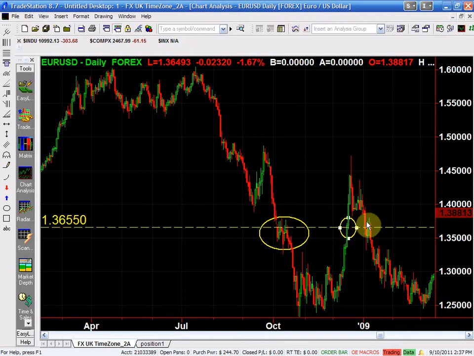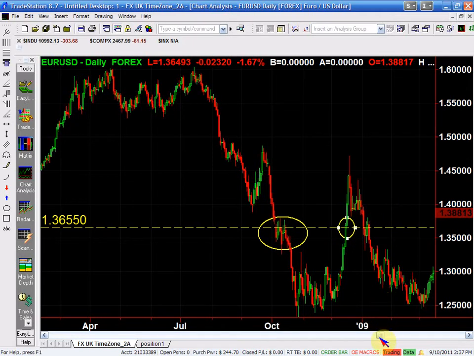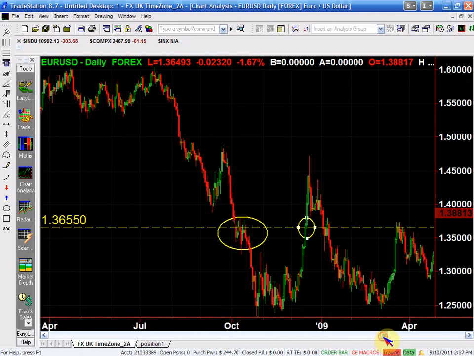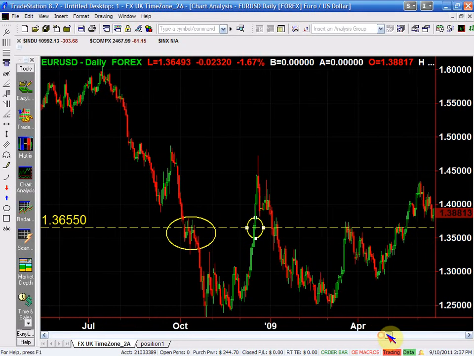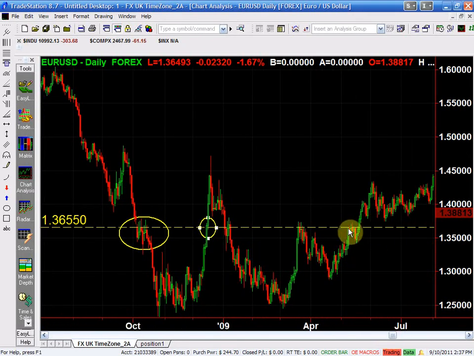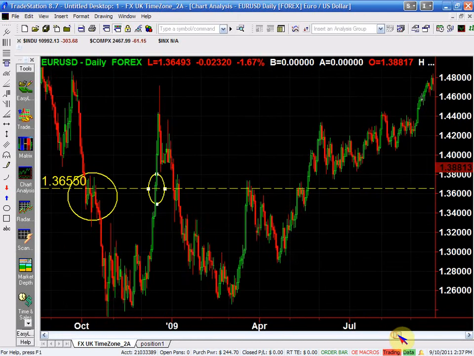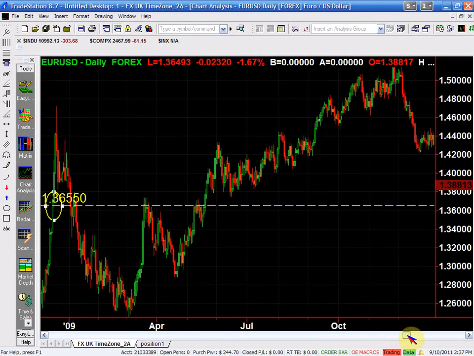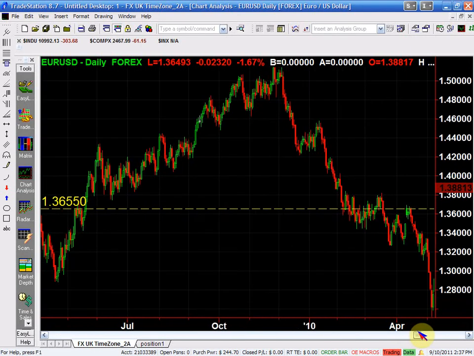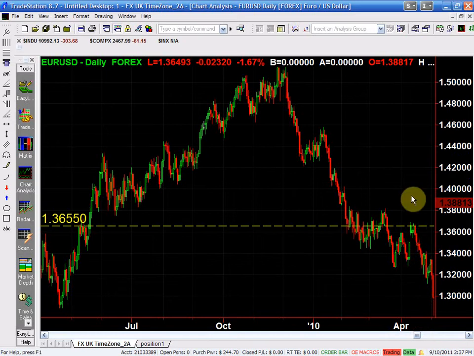It came back and gave us a pause at or about the same price point in 2009. It was also pretty much the top over here in 2009, also right there. So you can see, guys, look at this.